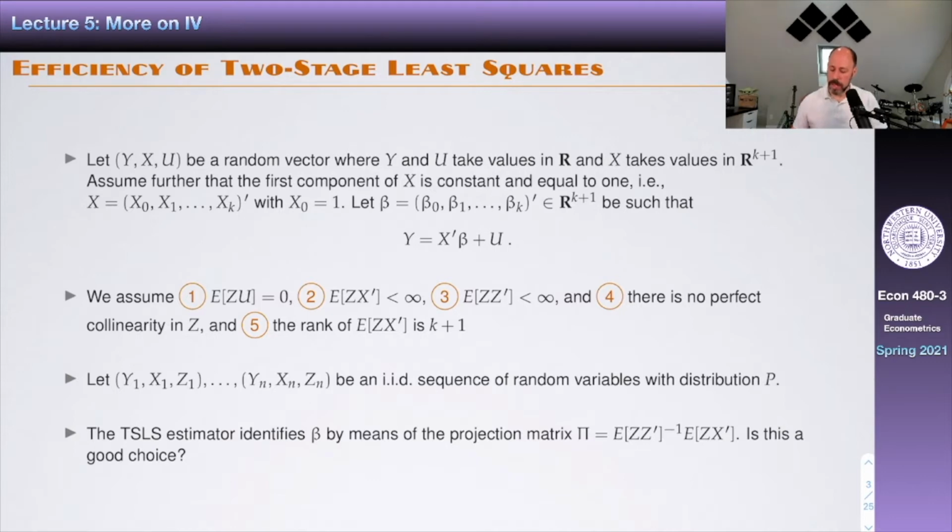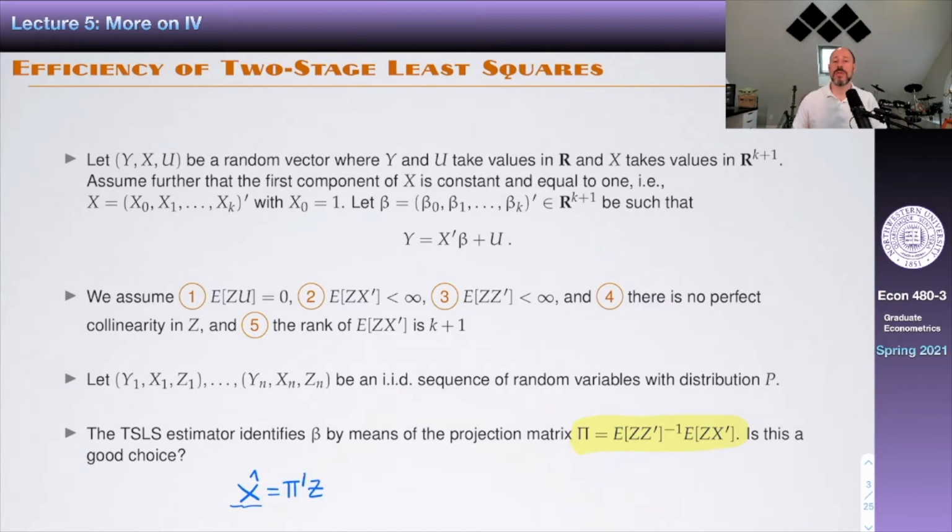So today we're going to be talking about why this particular matrix pi is the one that we use to weight the instruments. If you remember, last class we defined this x hat, which was pi prime z, and we said two-stage least squares is IV with x hat as an instrument.